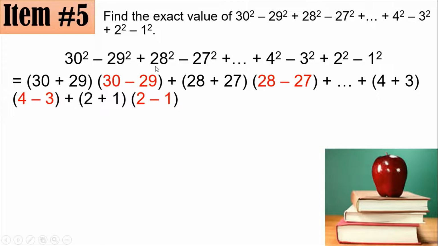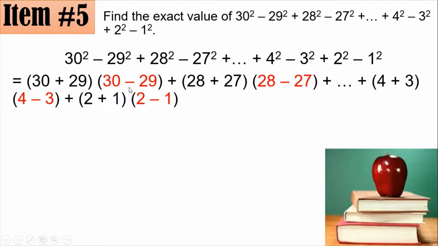The same reasoning is used for the other pair. So 28 squared minus 27 squared is equal to 28 plus 27 times the quantity 28 minus 27, and so on until here, this becomes 4 plus 3 times the quantity 4 minus 3. And for 2 squared minus 1 squared, we have 2 plus 1 times the quantity 2 minus 1.